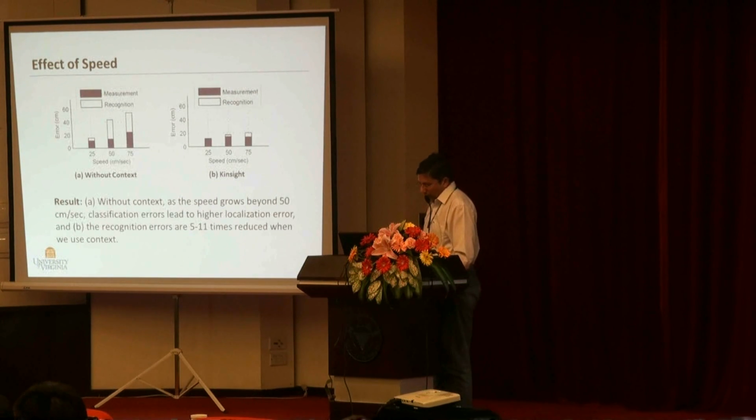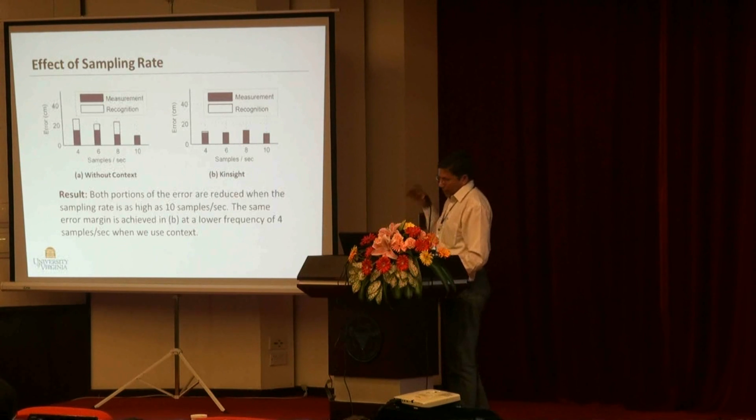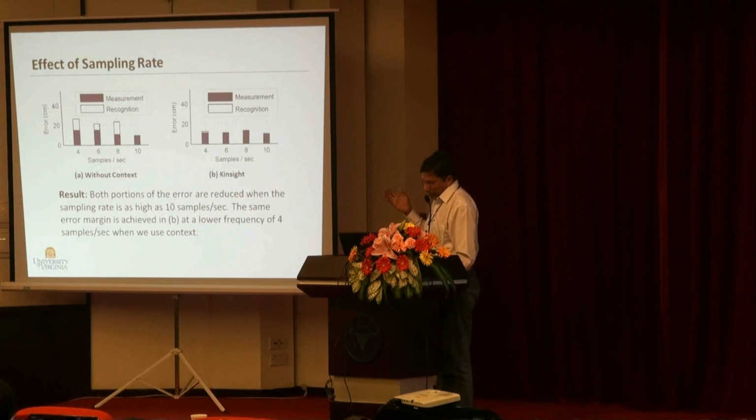And again for speed, it works much better. The measurement errors are much lower. For the real-time phase at the top, there is some sampling, and after sampling you send the image for processing.